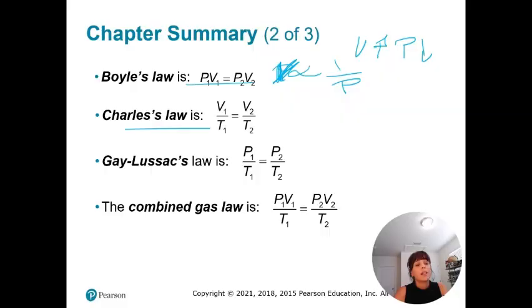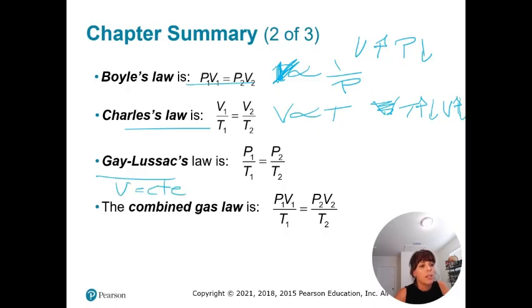Charles' law, the volume and temperature are directly proportional. That means when the temperature increases, the volume will increase. When temperature decreases, the volume will decrease. Here, Gay-Lussac studied the pressure and temperature. So here, volume is constant, and the number of molecules is constant as well.